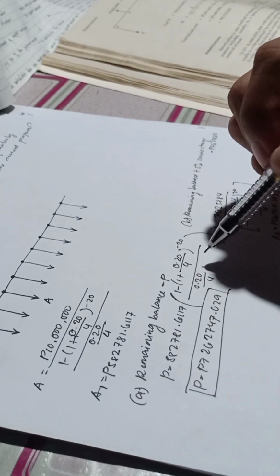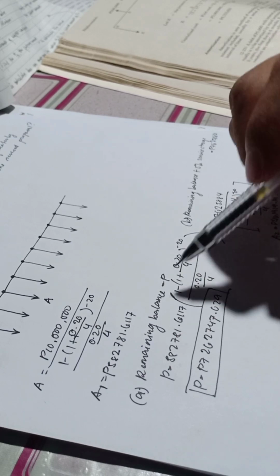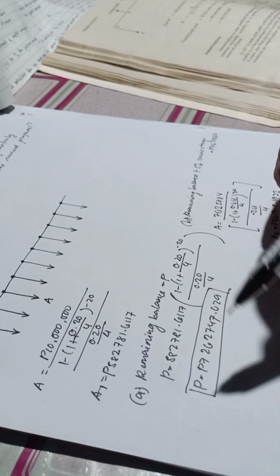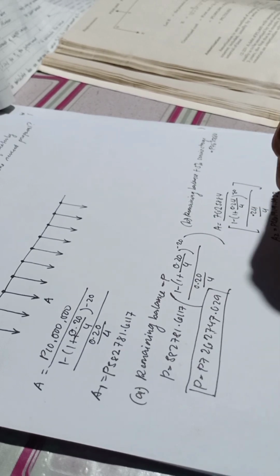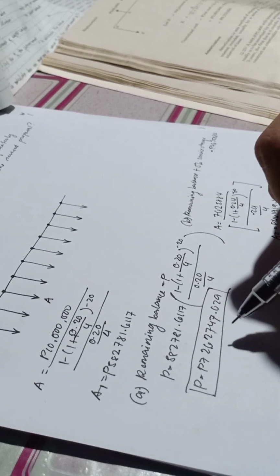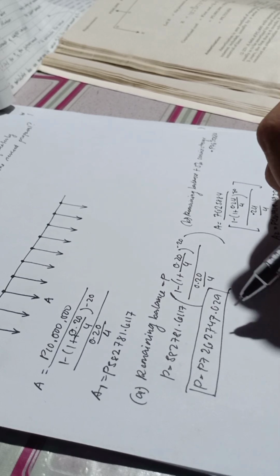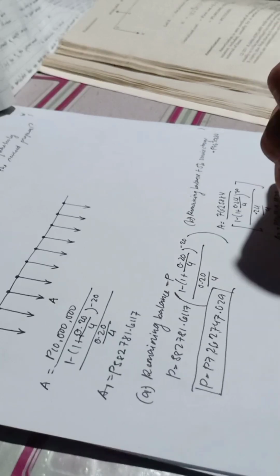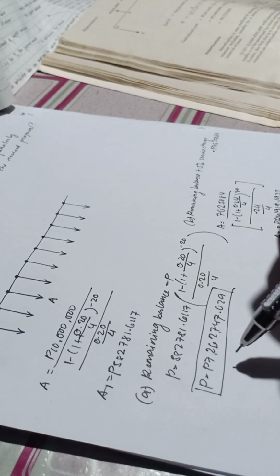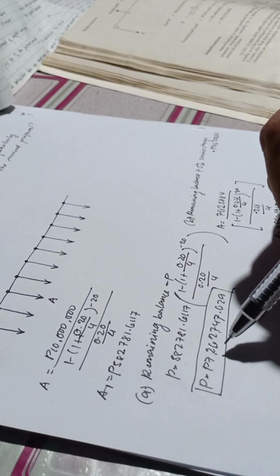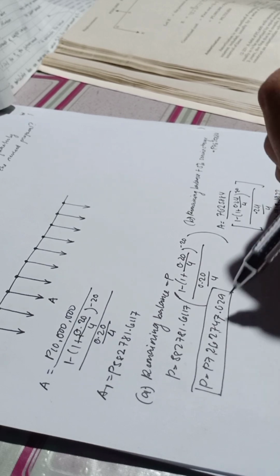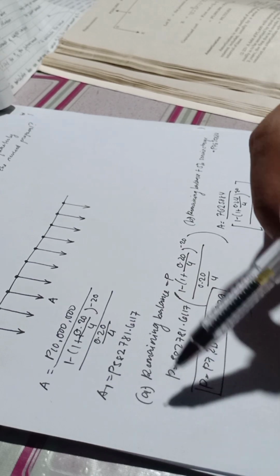So the answer, calculating this one, I mean our final answer in letter A, the remaining balance, is 7,262,747.29 pesos. So this is our final answer in letter A.